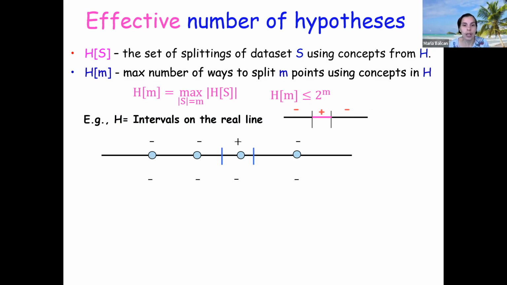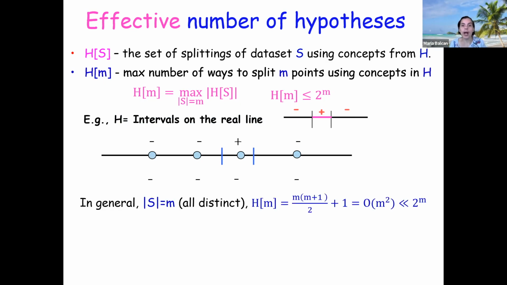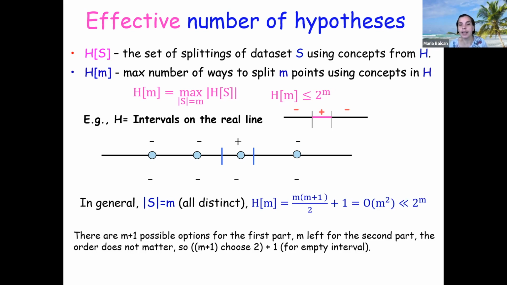Why? Because in general, if I have M points and they're all distinct, you can easily show that the number of labelings of these M points using intervals is about M squared. If I'm thinking about achieving a labeling where at least one point is positive, then there will be M plus 1 options for the first endpoint of the interval, and M options left for the second.